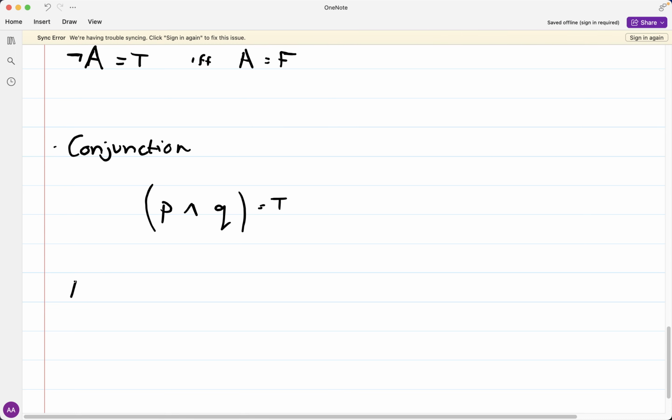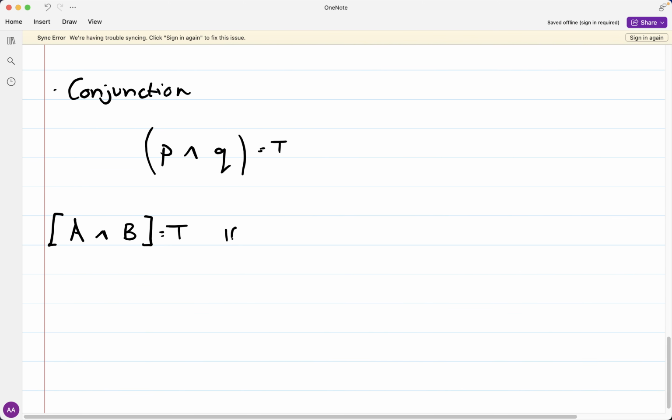So we would say that A and B is true if and only if A on its own is true, and B on its own is true. You have to have them both at the same time.